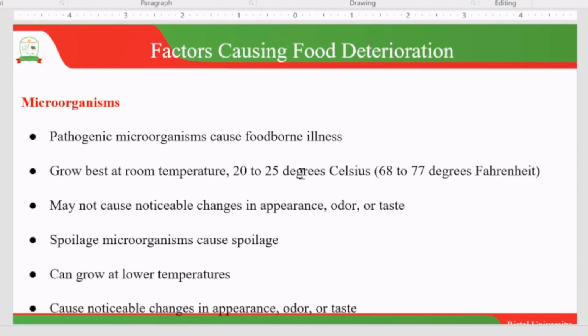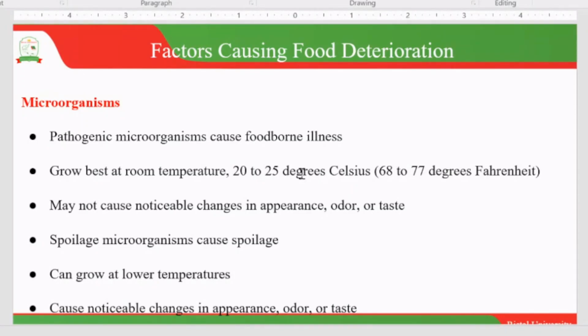When we talk of these foodborne illnesses, we are looking at consuming foods that have these pathogens, which would include not only the viruses and the bacteria, but also the excreta that comes from them, and those parasites that could be there.